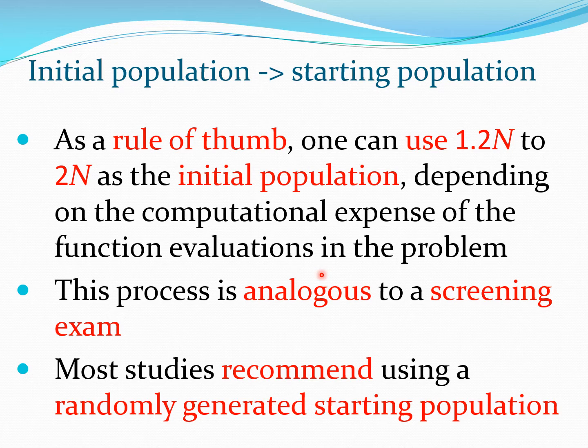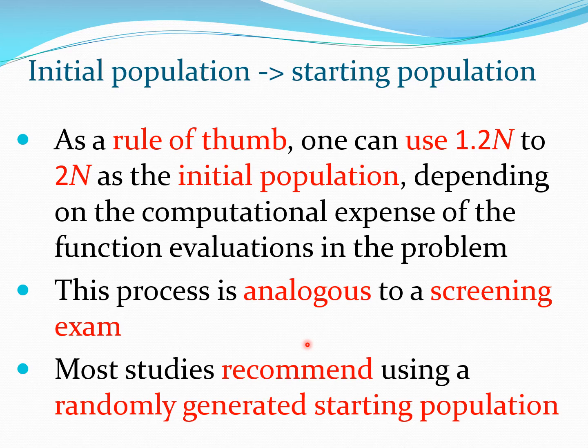Now, this process would be something like a screening test, which is frequently given if there are too many candidates for a particular job. You could give all these people a small written exam, and then you could take the best people to proceed further with your interviews or group discussions as the case may be, or do a reference check.